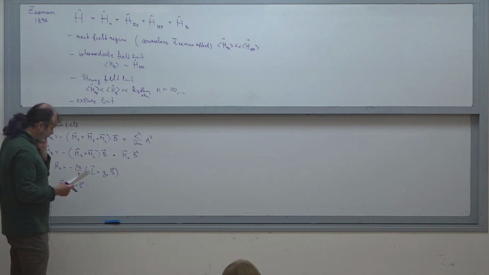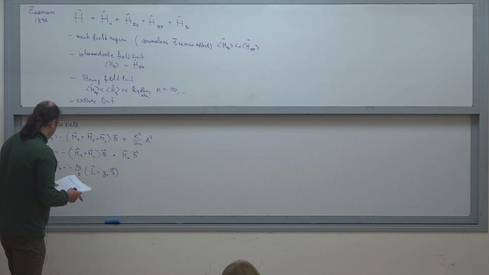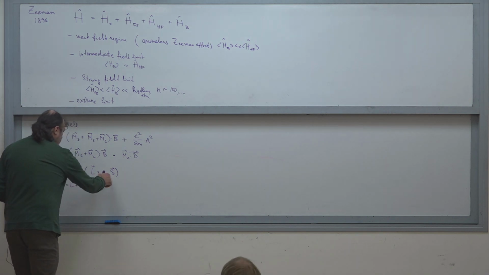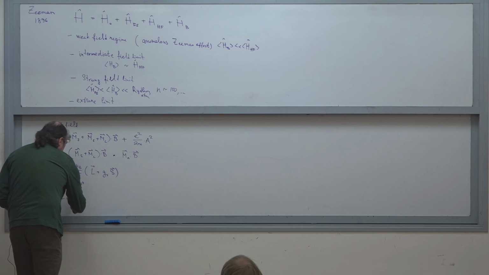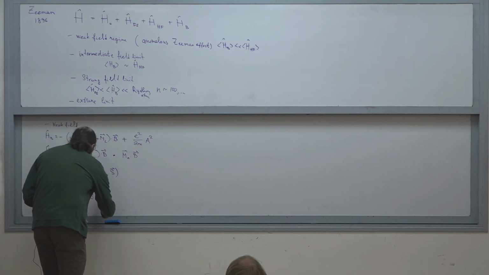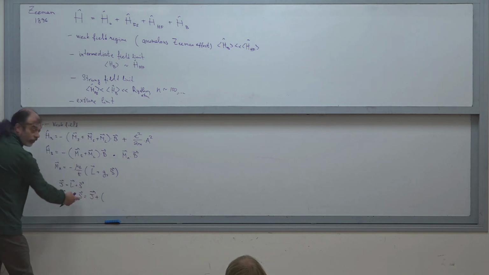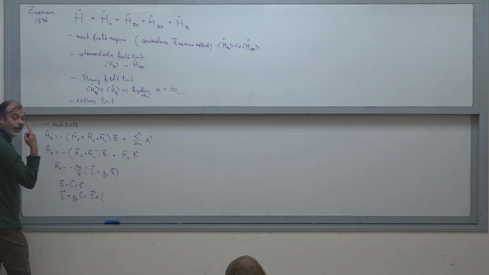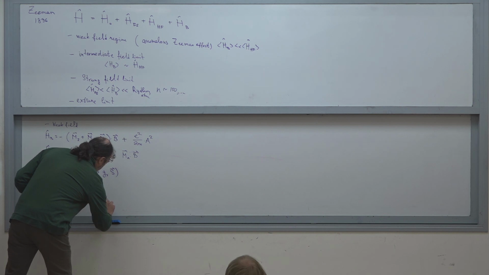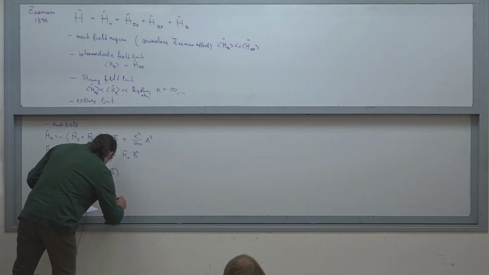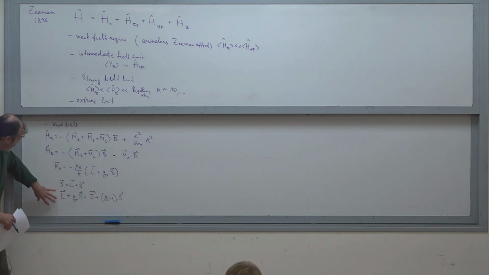This means that L plus g_S S is equal to J plus (g_S minus 1) multiplied by S. Since L plus S is J, and here I have 2 times S while J contains one time S, I have to add the g_S minus 1 multiplied by S in order to keep this part the same.